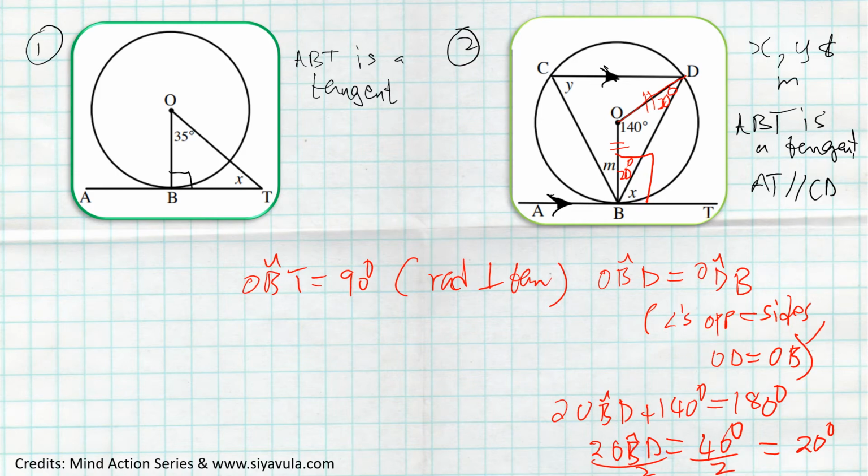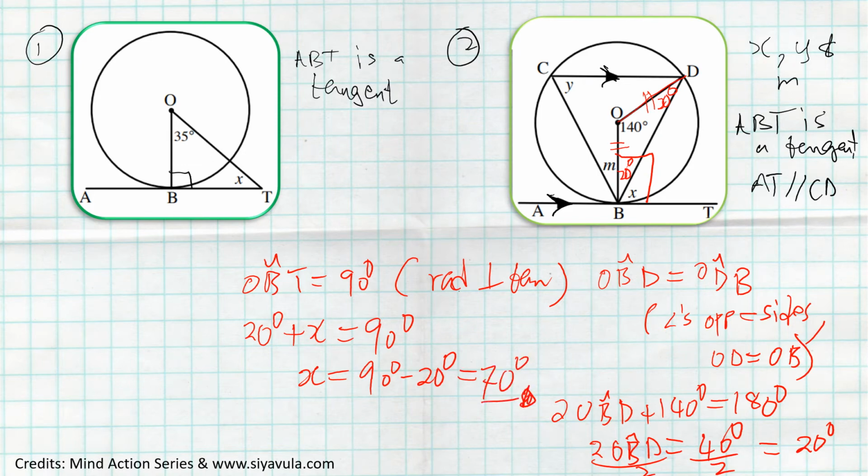So our OBT is the same as 20 degrees plus x, which is equal to 90 degrees. Then x will be 90 degrees minus 20 degrees, which is 70 degrees. So our x there is 70 degrees.